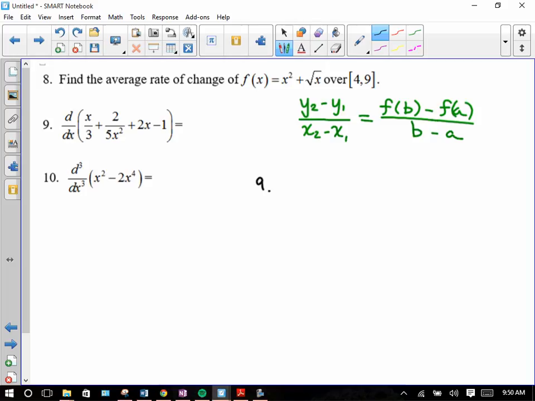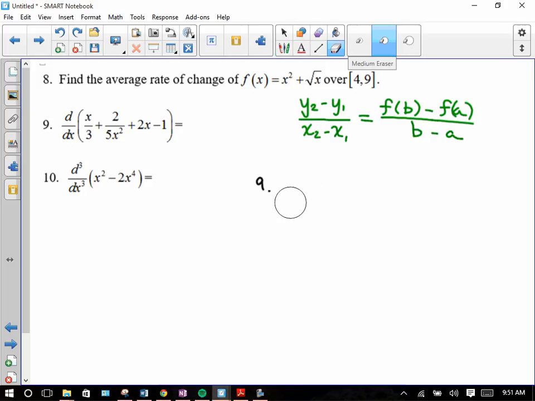I see there's an exponent right here, and I don't want that exponent. So the first thing I would do to make it easy for myself, since I'm just now learning how to take the derivative, is divide by 3, which is the same as multiplying by 1/3.